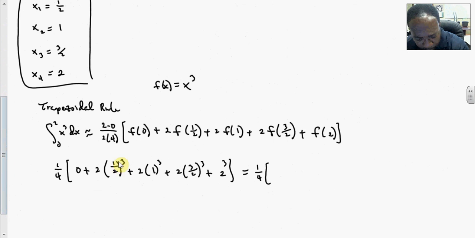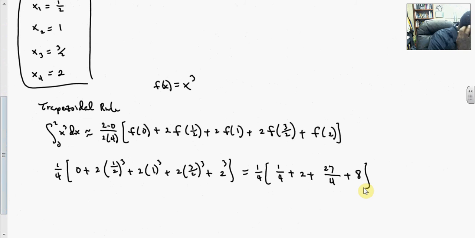We have 1 to the third, which is 1, all over 2 to the third, which is 8. So we get 2 divided by 8. So that gives us 1/4 times, 2 plus 3 to the third, which is 27, over 2 to the third, which is 8. 2 divided by 8 just leaves us a 4 downstairs, and this is plus 8.